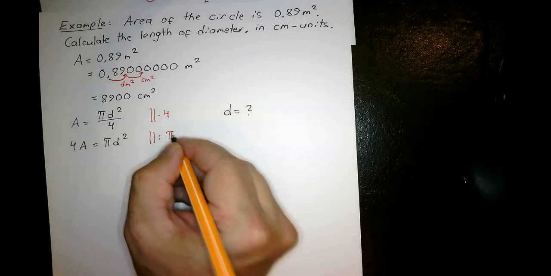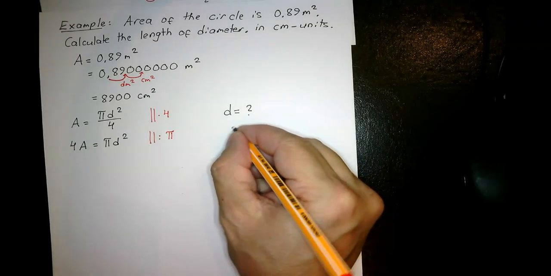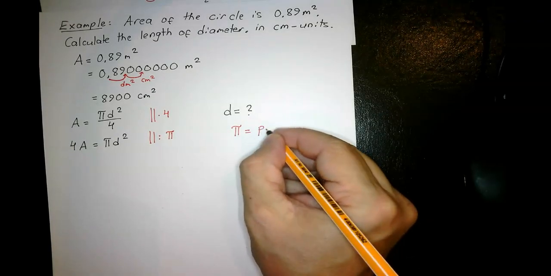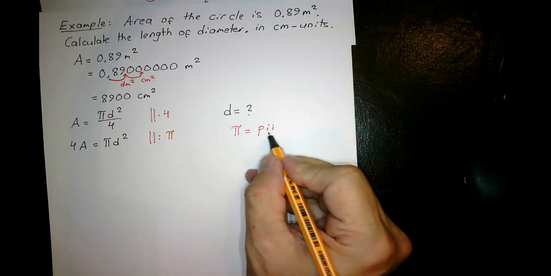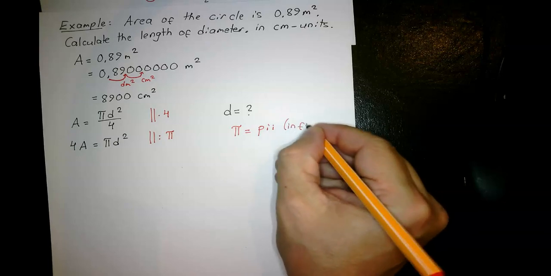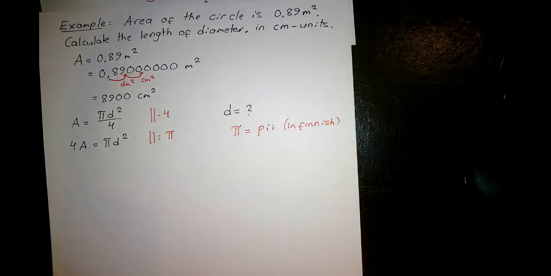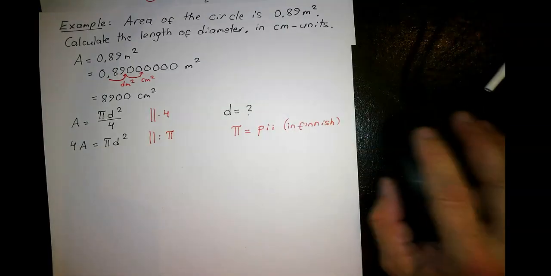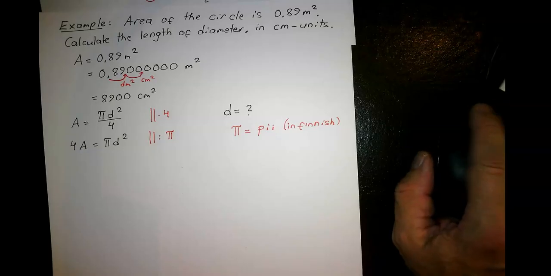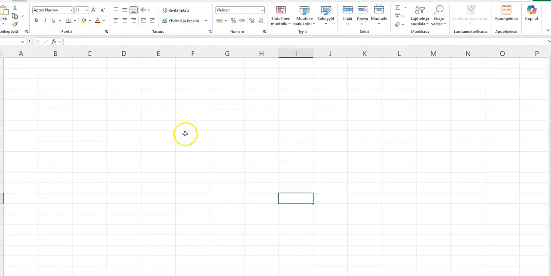Sorry, pi. In Finnish, by the way, it is with 2 i's. For example, I will show with an Excel. I have Finnish Excel.